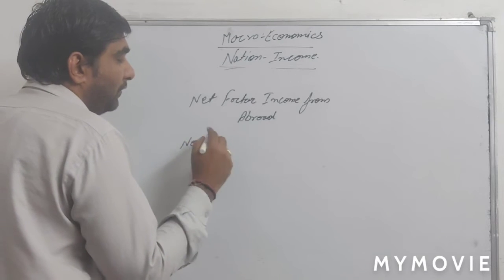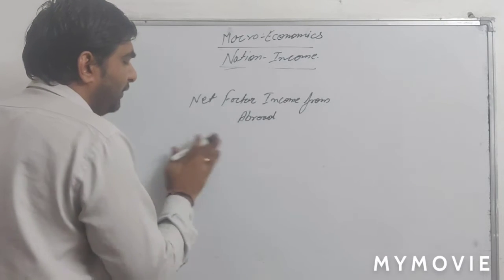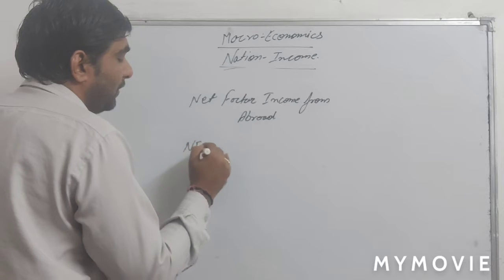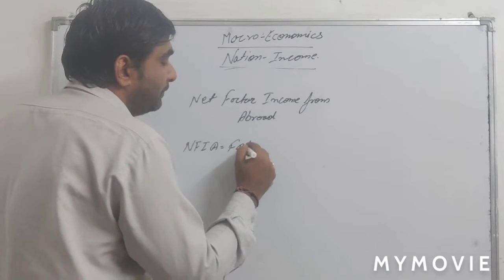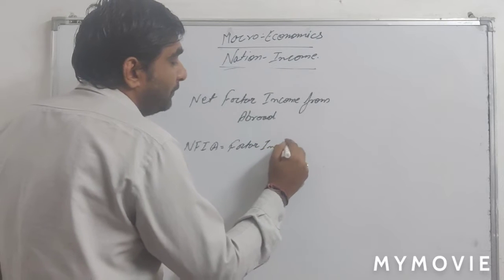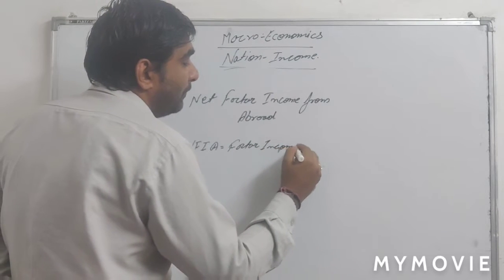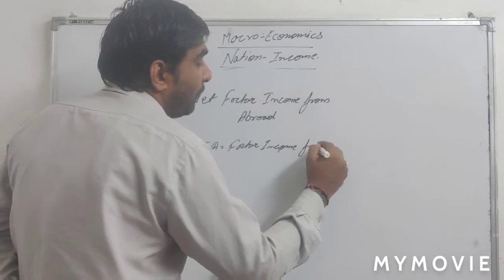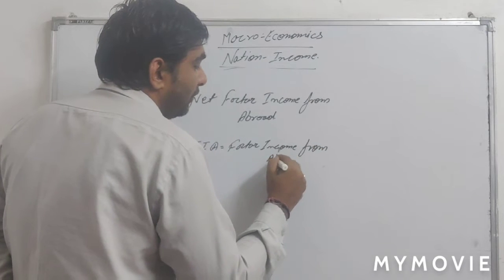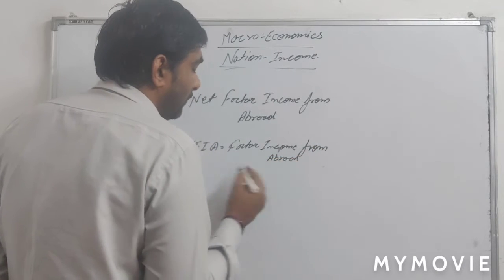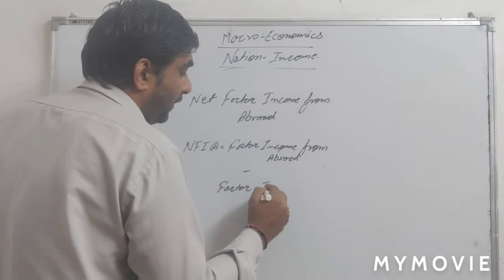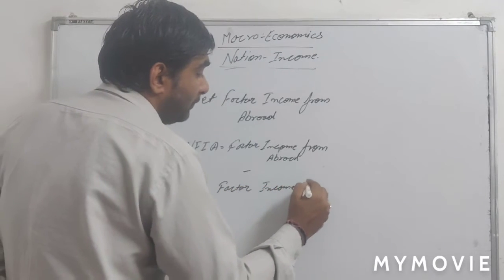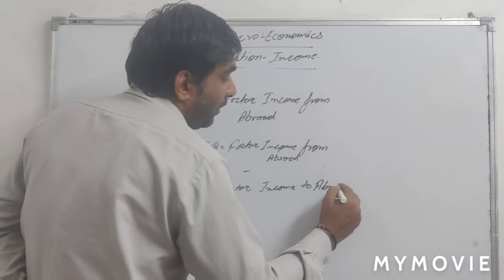NFIA is calculated as factor income from abroad minus factor income to abroad.